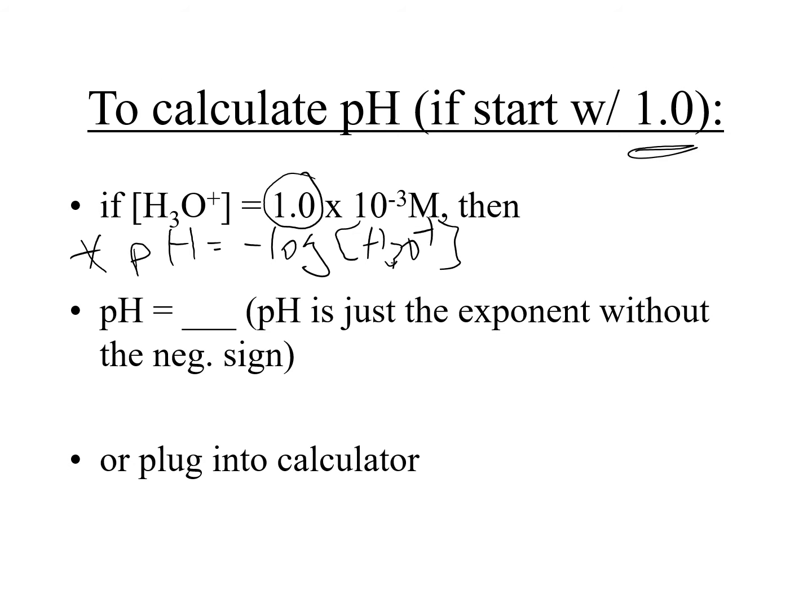So in this example, we have 1 times 10 to the negative 3rd. The exponent is negative 3. We make that a positive sign. The pH of my solution is just 3 without having to use the calculator. If you want to, you can go ahead and plug that into your calculator.